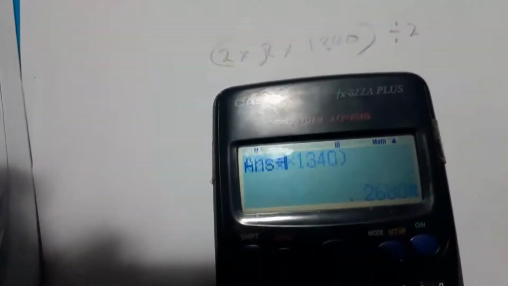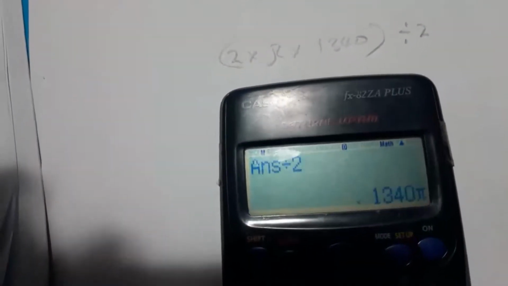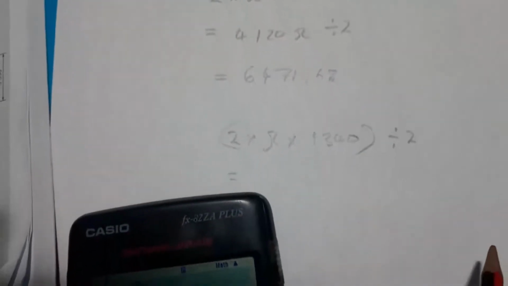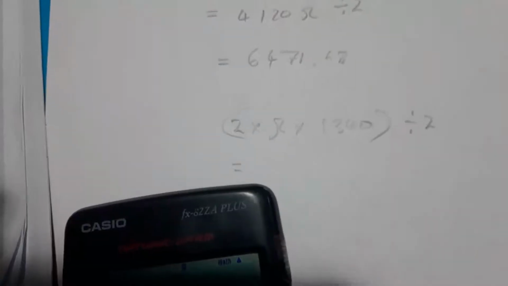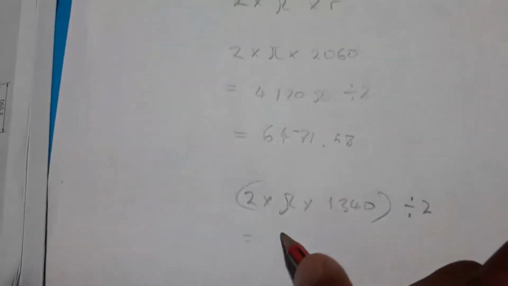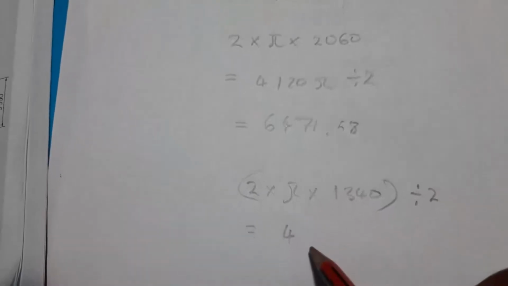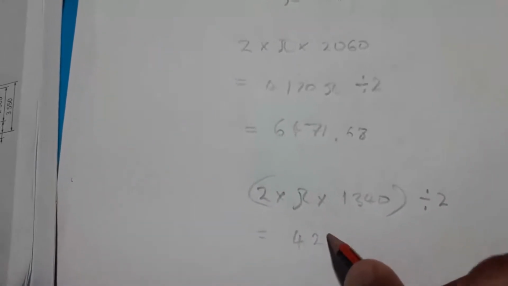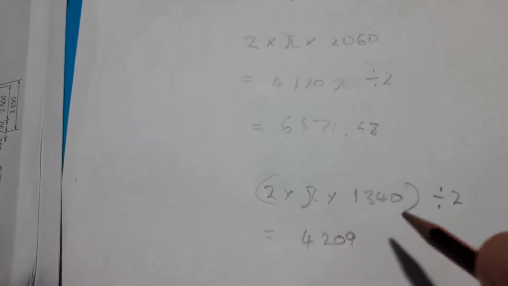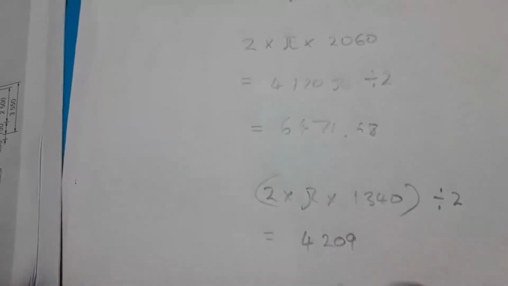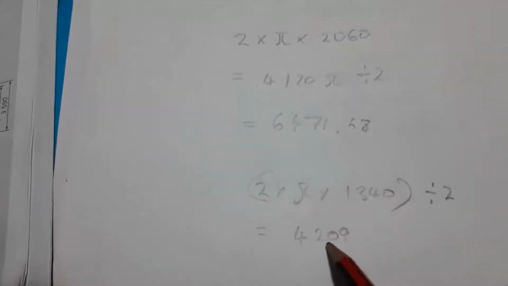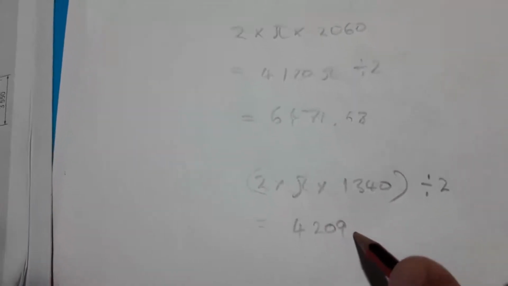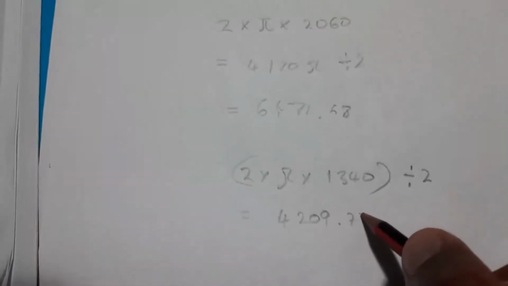Answer, you'll divide it by 2. Then you book the answer. You have to book the answer in decimal, which is 4,209.73.